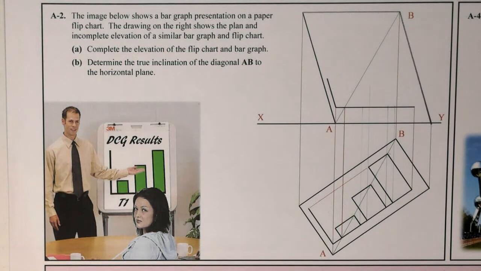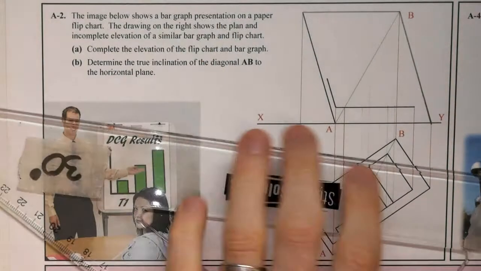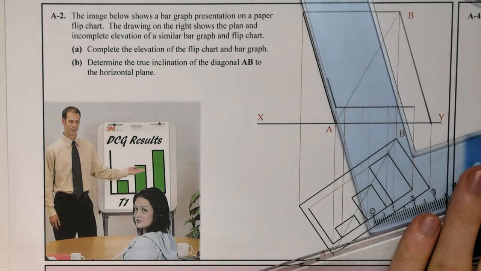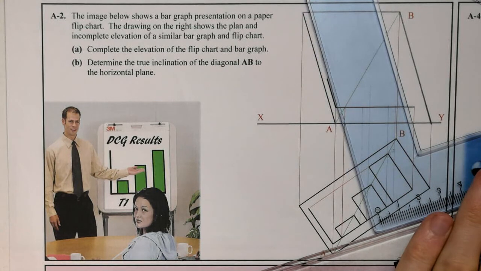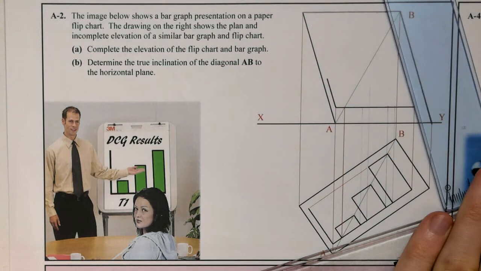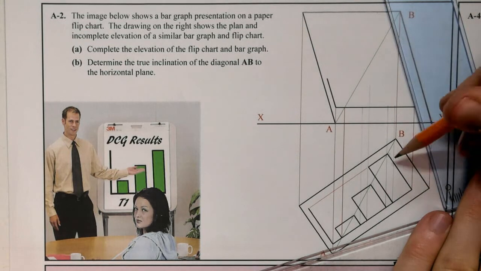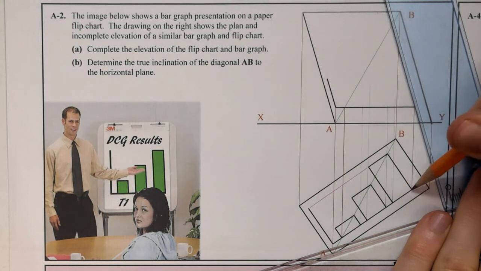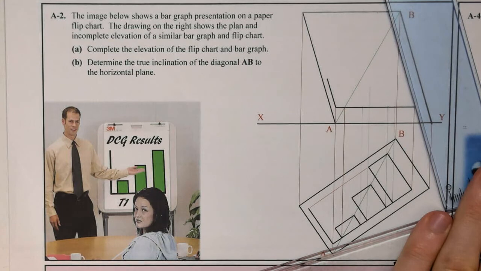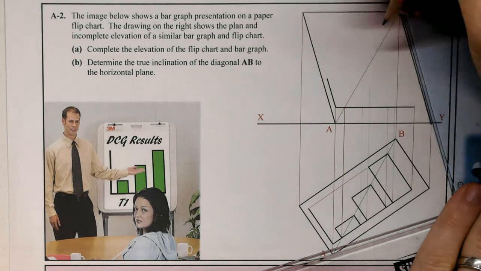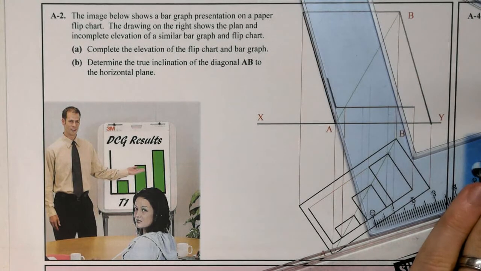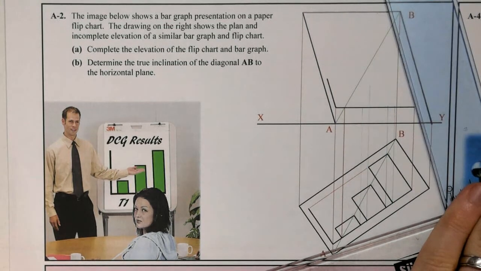So I can use sliding set squares, using my edge of my graph, and I'm going to slide along and draw everything parallel until I hit that line. So this corner here, I need to go up until I hit my green line AB.